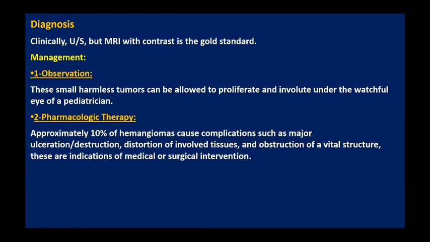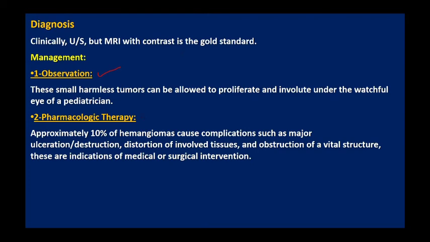Firstly, observation. This is observation for a small, harmless tumor. If we have a small tumor, we observe it, with watchful follow-up by the pediatrician, and if there is any change we can interfere.